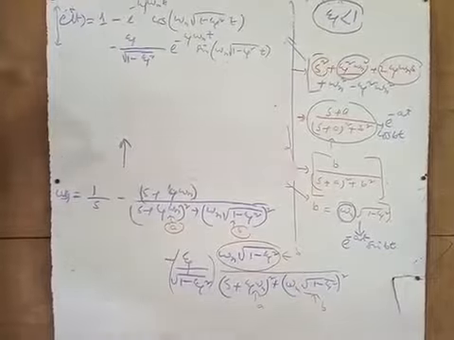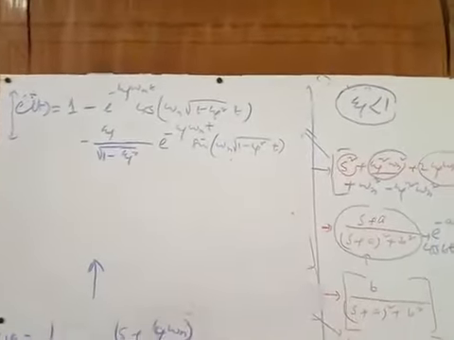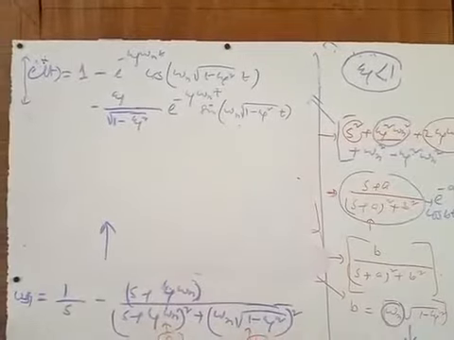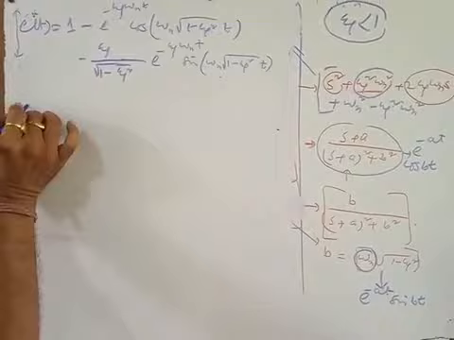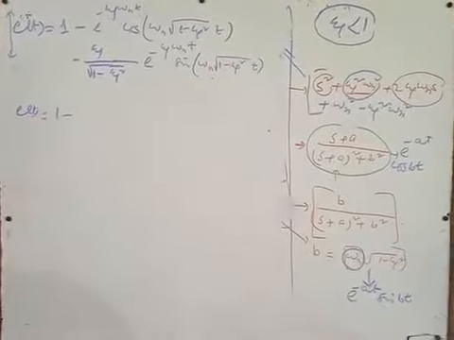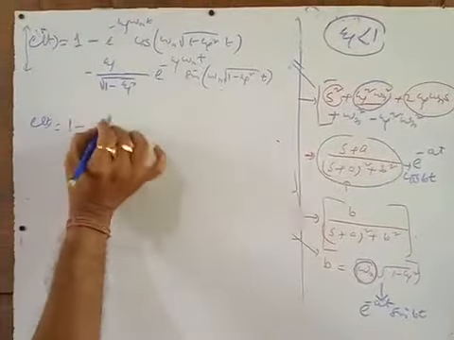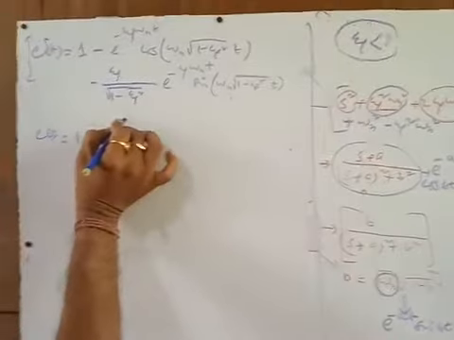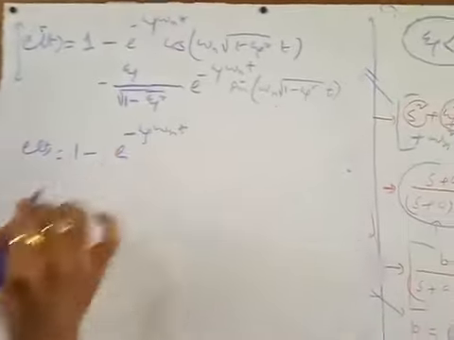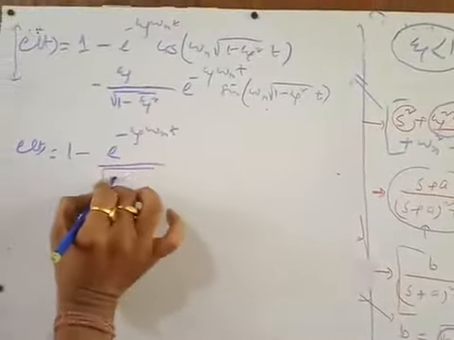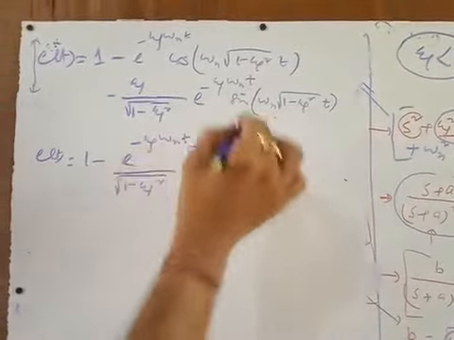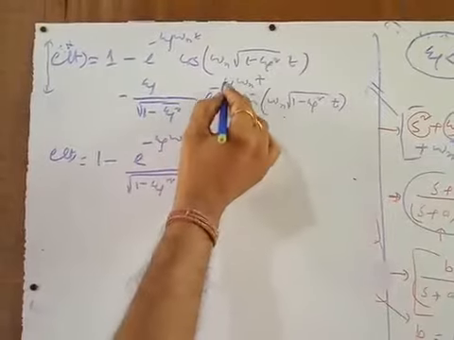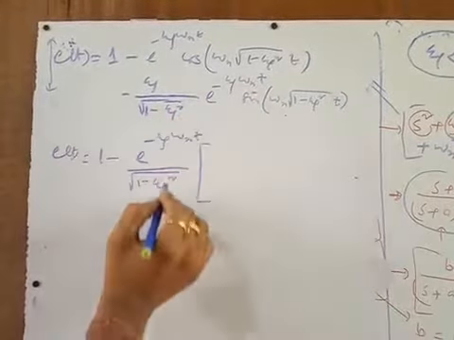Now we have to just solve it in such a way that a standard form of the second order response curve can be obtained, right? You can write c(t) equal to 1 minus, if you just take the common factor, e to the power minus xi omega n t by root over 1 minus xi square. This is common.